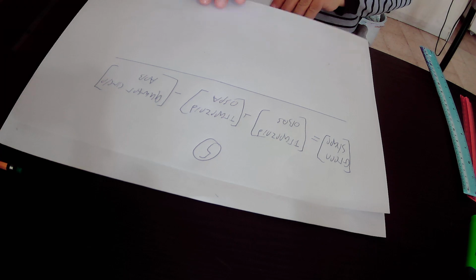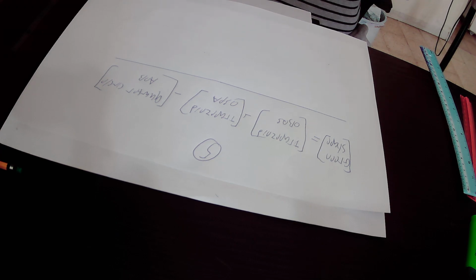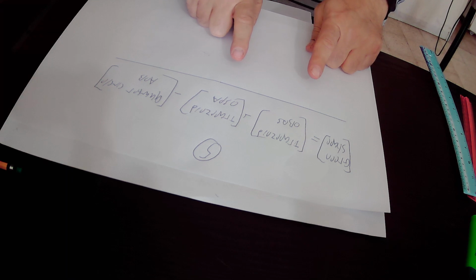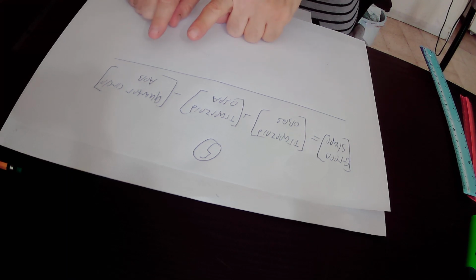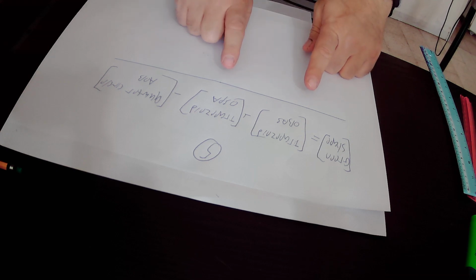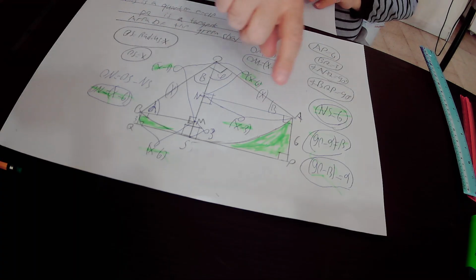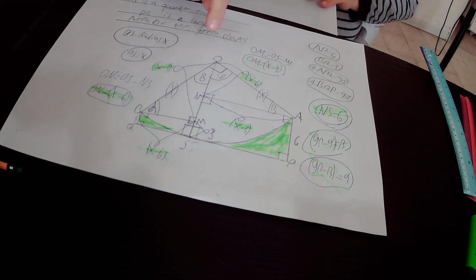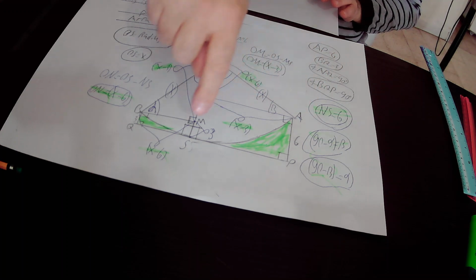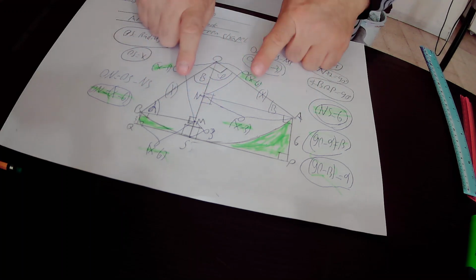Repeat again, the area of the green shape equals the area of the whole shape minus the area of the quarter circle A or B. But the area of the whole shape equals the area of trapezoid OBQS plus the area of trapezoid OSPA, because this whole shape OAPSQB consists of those two trapezoids.